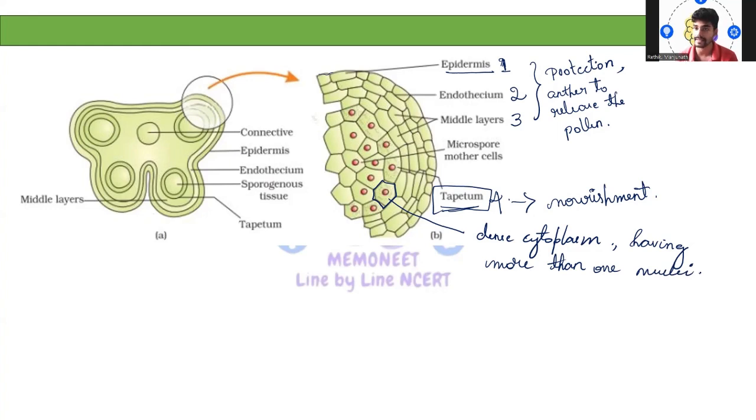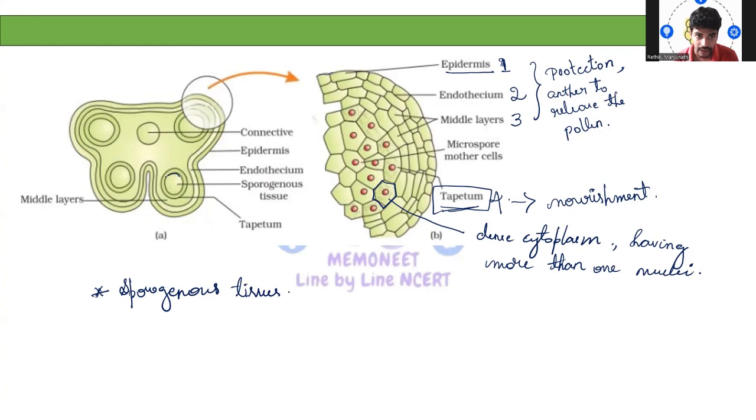When the anther is younger, a group of compactly arranged homogeneous cells you will be observing. This group of compactly arranged homogeneous cells is actually called sporogenous tissue. Okay.